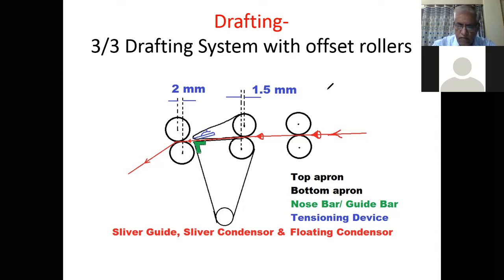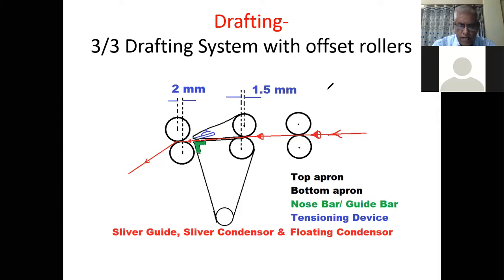The rollers may be one above another, and they may be slightly offset also. In this case, it is shown that the back rollers are one above another. There is a point contact, whereas the middle top roller is offset by 1.5 mm in the back direction, and the front top roller is offset in the front direction by 2 mm.